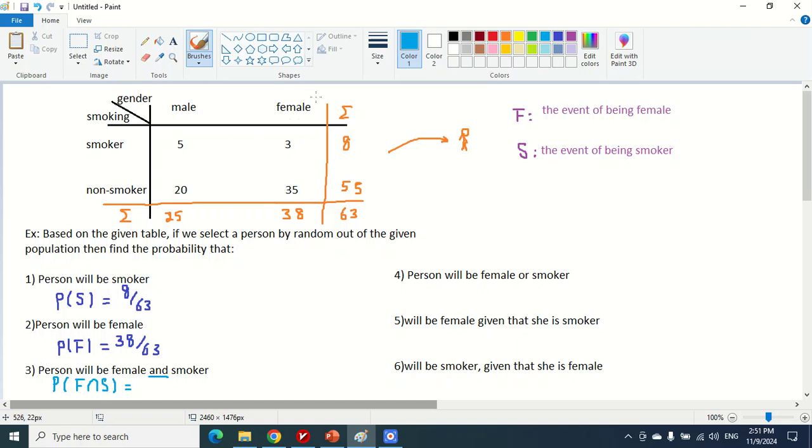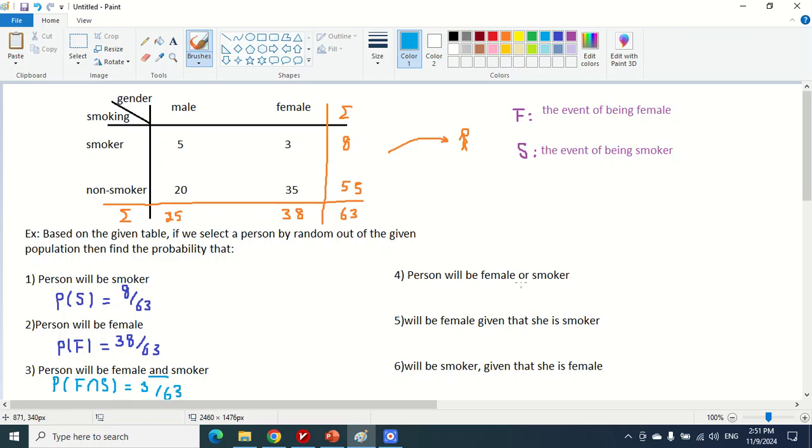So the female part is here. I mean, this is the part of the table that belongs to the females, and the part of being a smoker is here as well. As you can see, the intersection of these two boxes determines the people who are smoker and female at the same time. Means that it will be 3 cases out of 63, the total cases that we have over there. So the result will be 3 over 63. This will be the probability of being female and smoker at the same time.